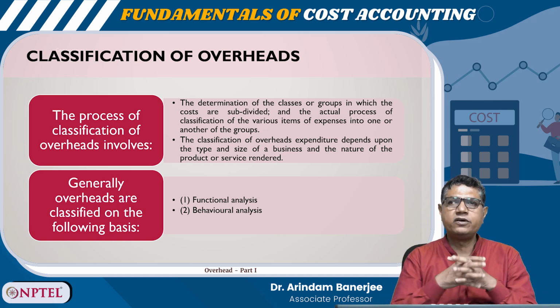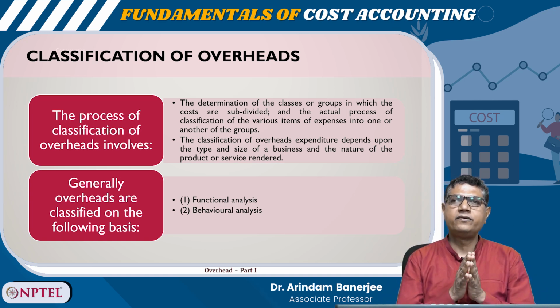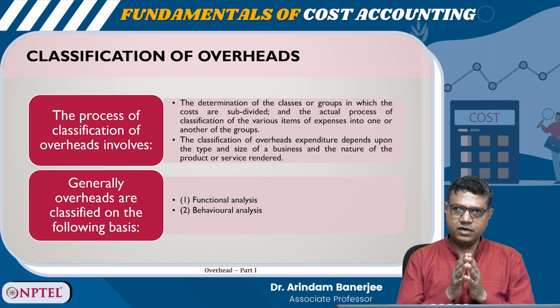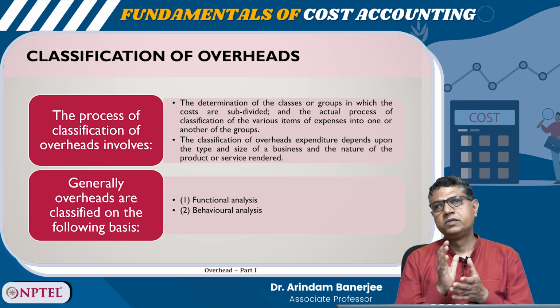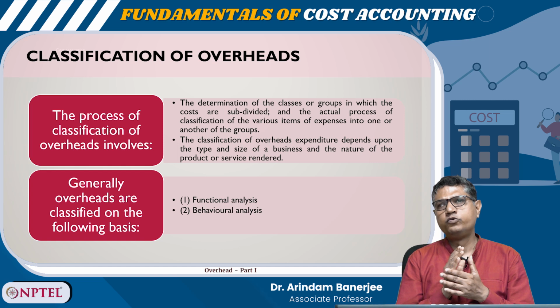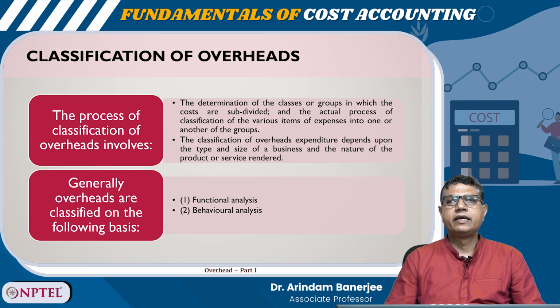Actually, this classification of overhead is a kind of science as well as an art. There is some subjectivity required in it. And we can do it under the two following bases.